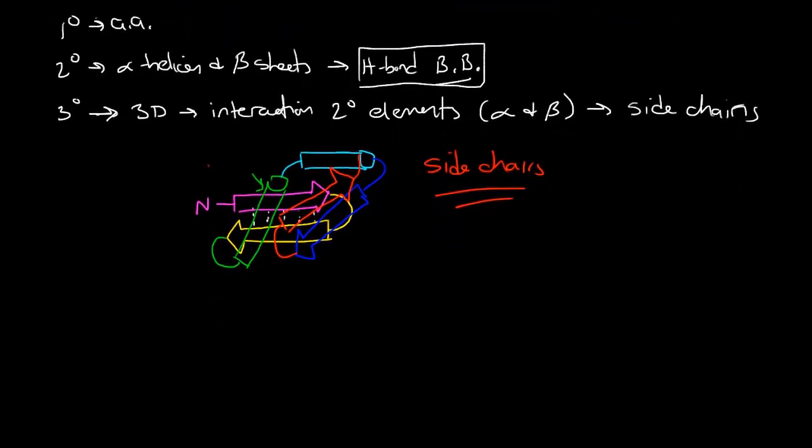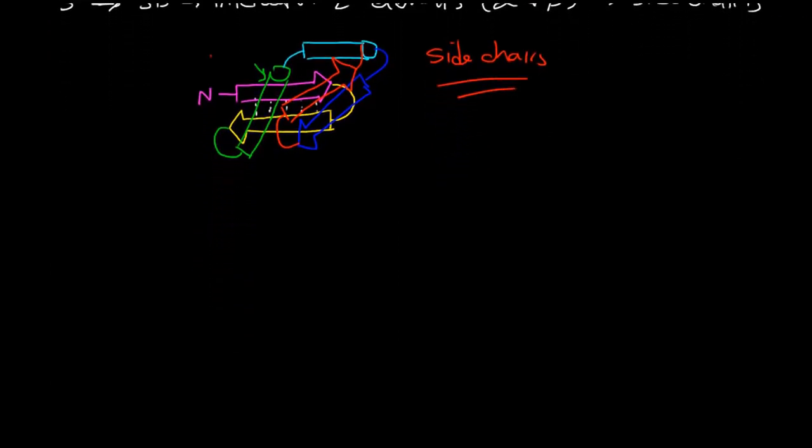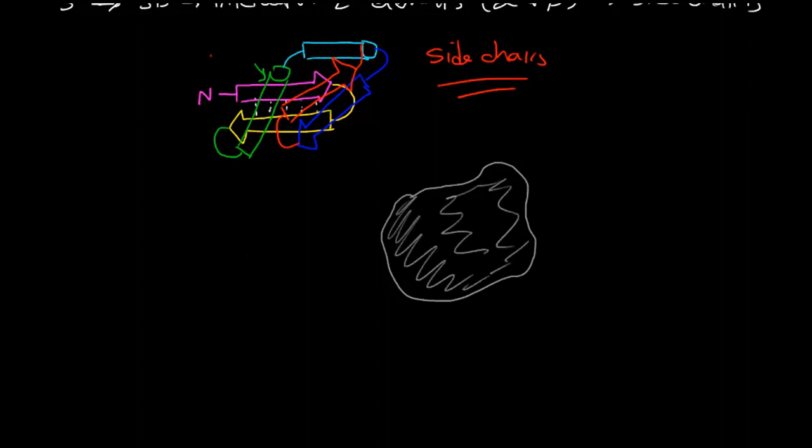Okay, so without going into a lot of detail about every single intermolecular force that can exist between side chains, let's instead focus on the overall big picture of tertiary protein structure. The reason these proteins fold into the structures they do is because they're trying to take all of the hydrophobic amino acids, all the hydrophobic side chains, and shove them together into the core of the protein. So what I'm drawing here is a hydrophobic core.